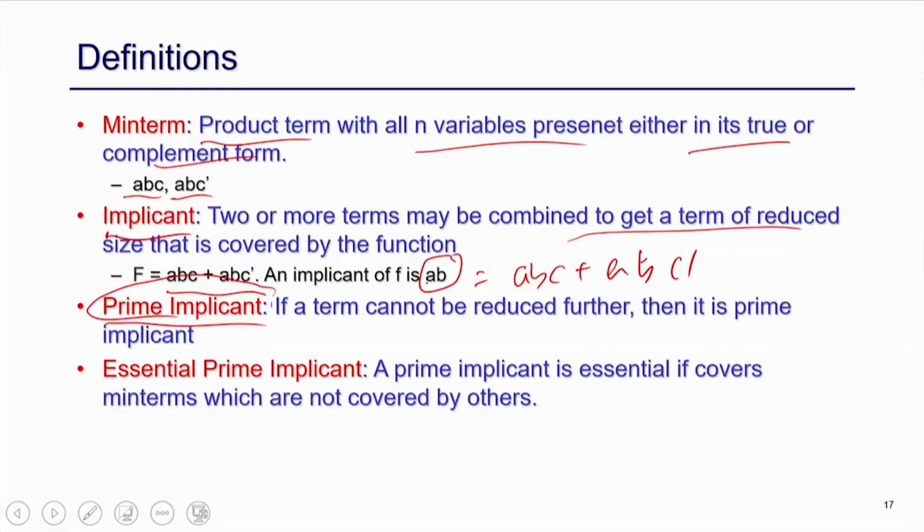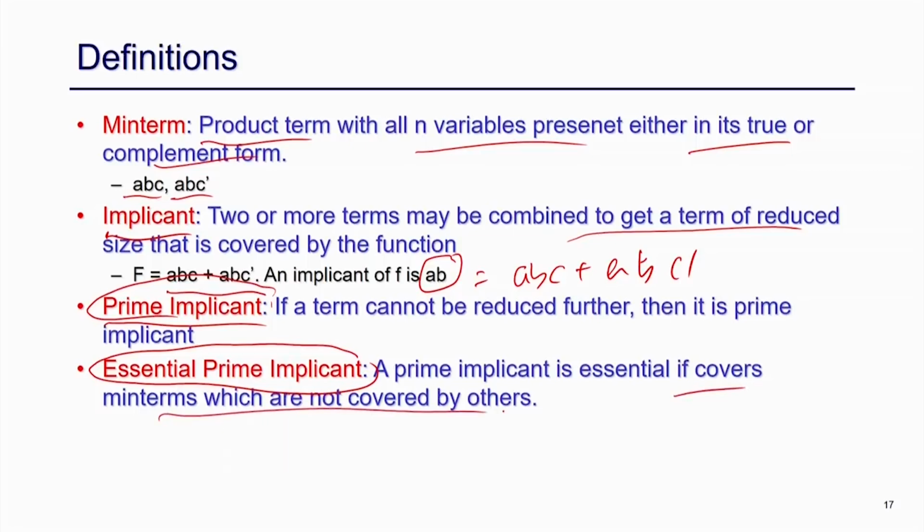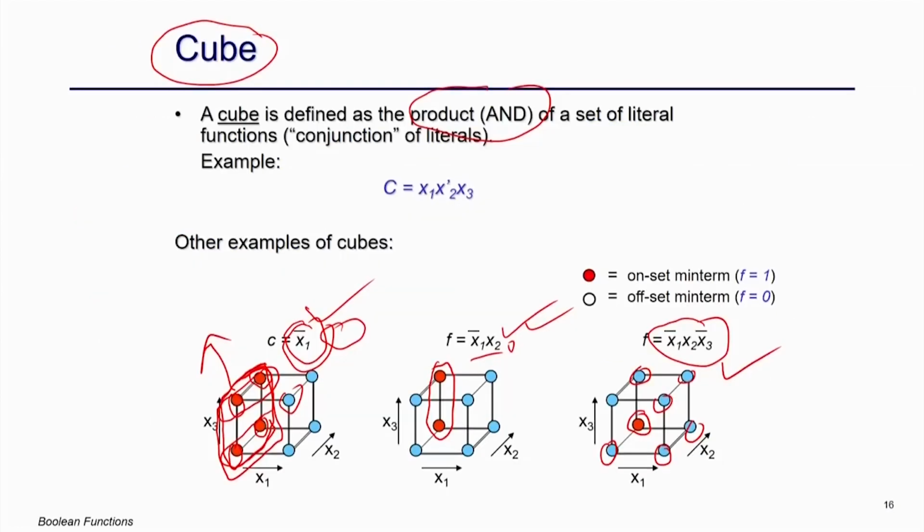And then there is a term called essential prime implicant. That means a prime implicant is essential if it covers some min term which is not covered by others. You might have two prime implicants which overlap in some subset. For example, let me just draw it here. Suppose this is my onset. I have this one implicant, because it is covering these two, and then I have another implicant like this.